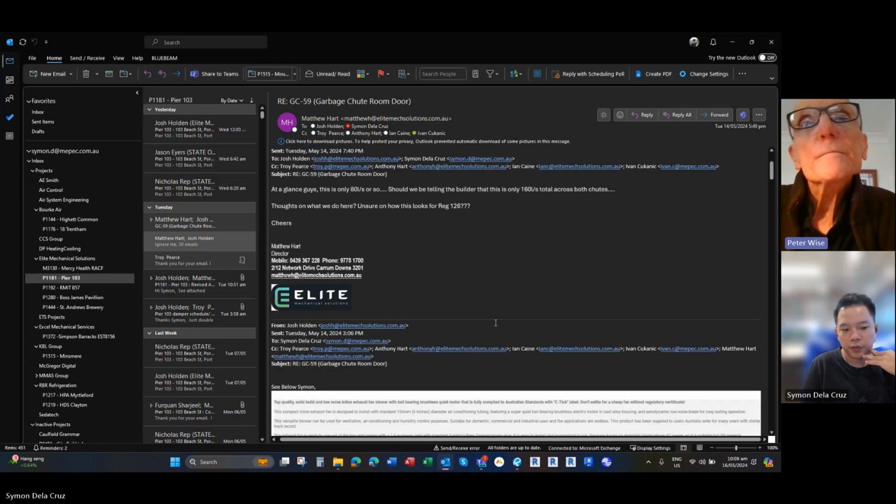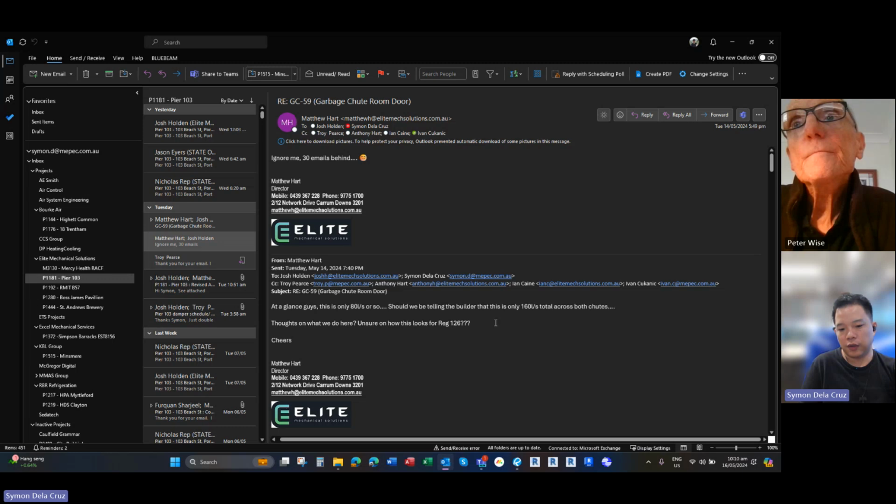Yeah, so that's what we sent to them yesterday, that we have assumed 100 litres per second as per AS 1668, because that's the minimum, and we don't assume that the garbage chute will not be open at the same time for each level. Each chute has 80 litres per second, so there will not be much difference.